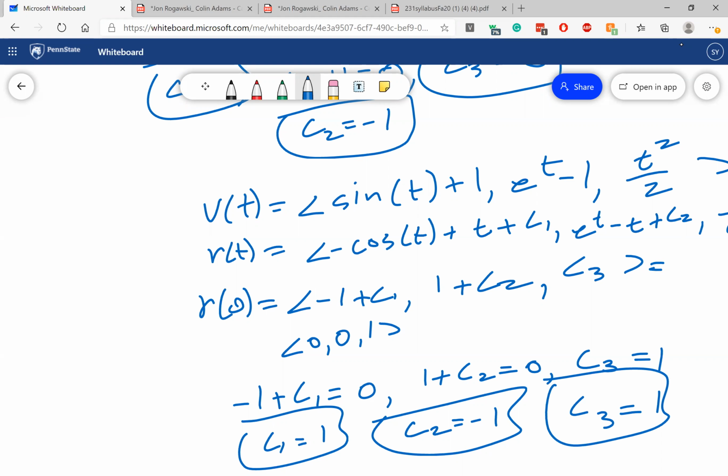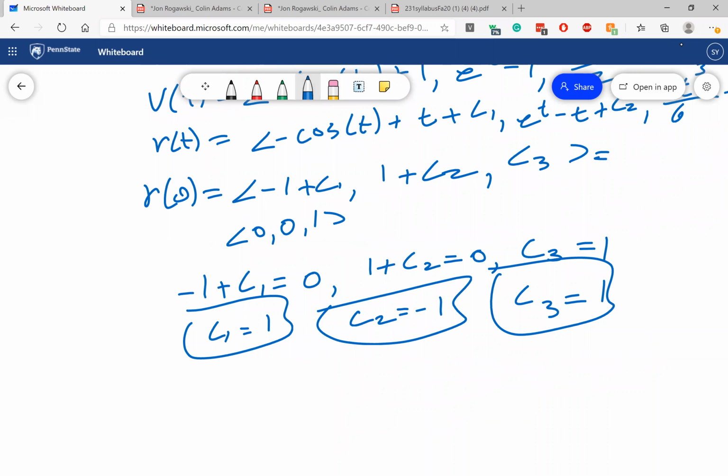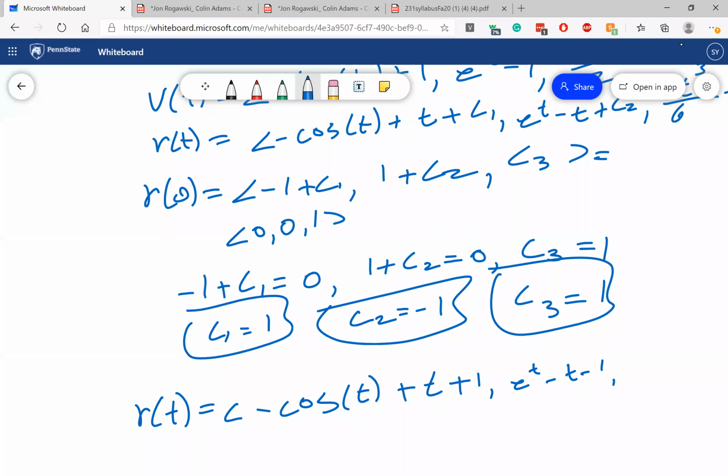So now let's plug that back into this. So we get my r of t is going to be equal to negative cosine of t plus t plus 1, e to the t minus t minus 1, and t cubed over 6 plus 1.